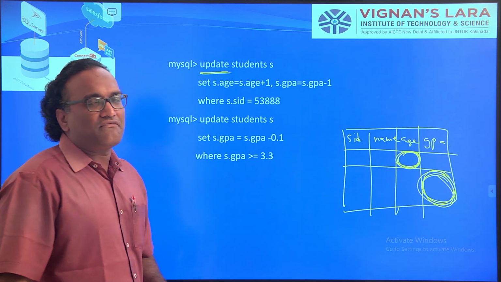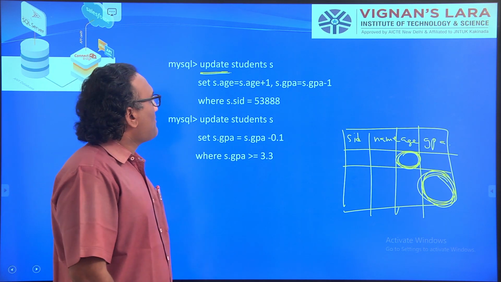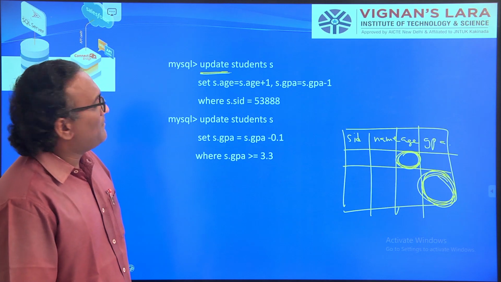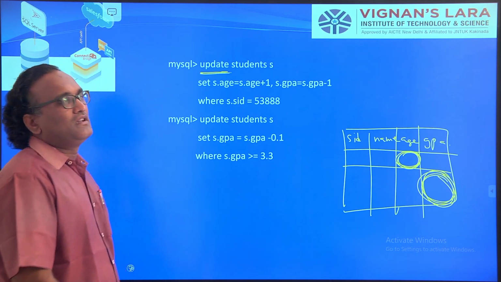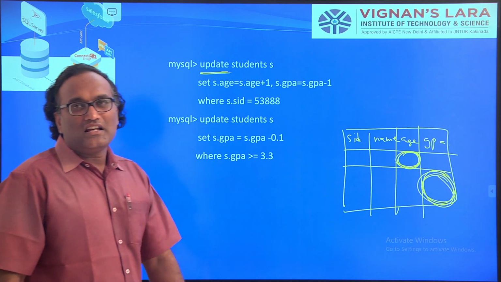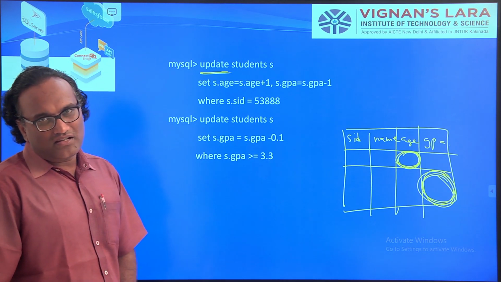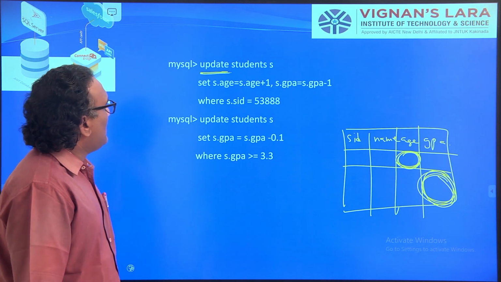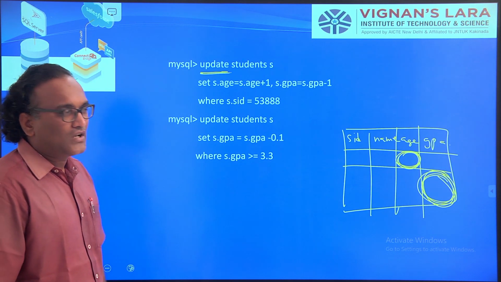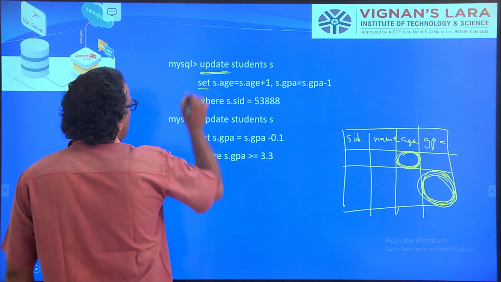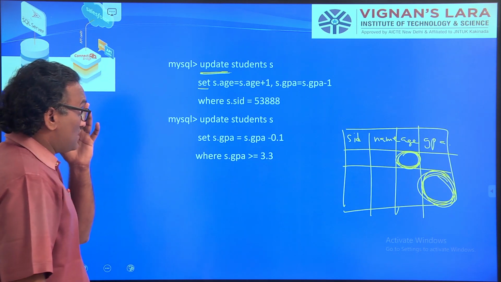A very, very important thing. Update, table name is students, and S is the alias name. You can use the set command: set s.age is equal to s.age plus 1.